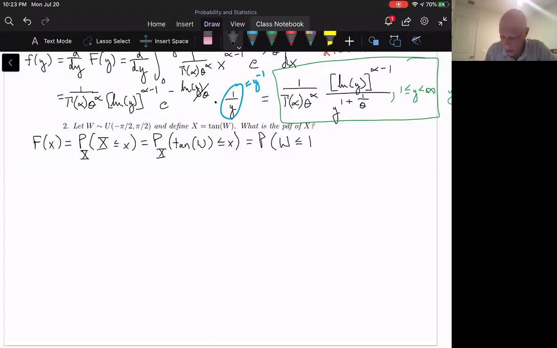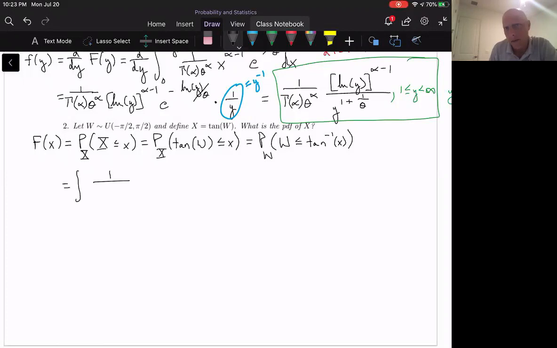The arctan of x. And now W is alone, so this probability is going to be using the distribution of W, which we know. We know that W has a uniform distribution. So at this point, we are going to be integrating over the PDF of W.